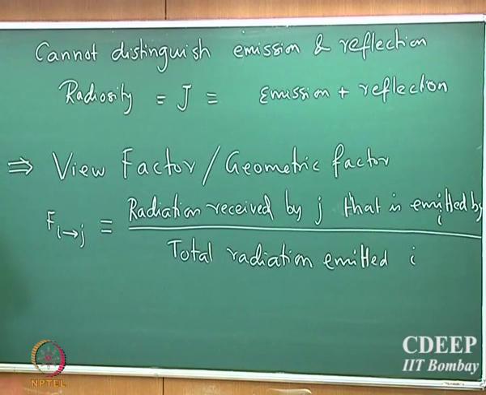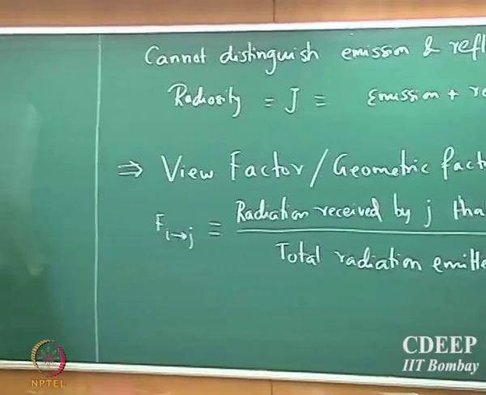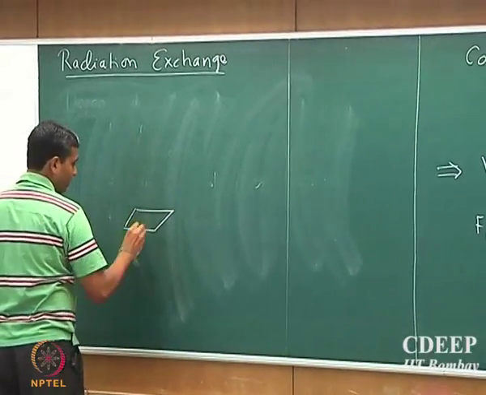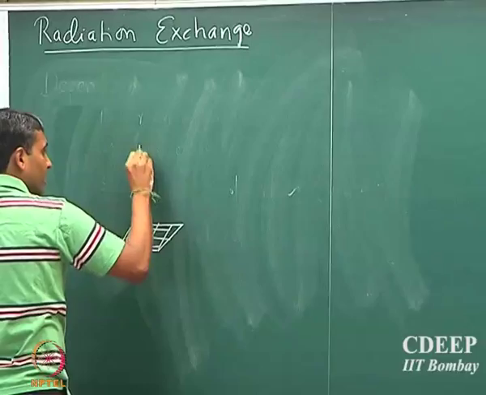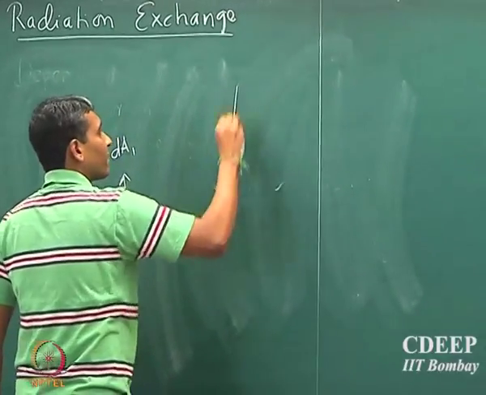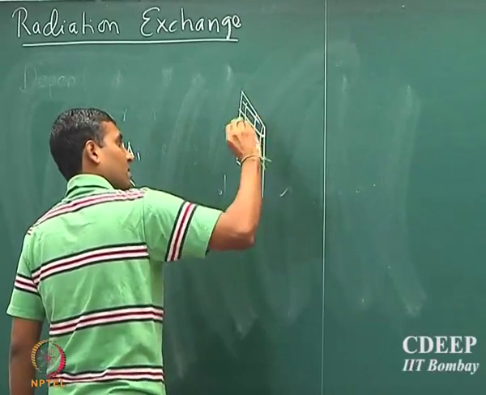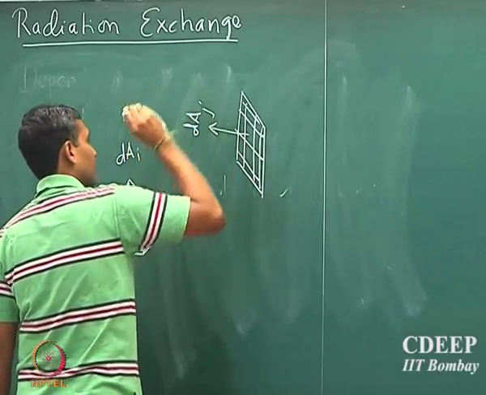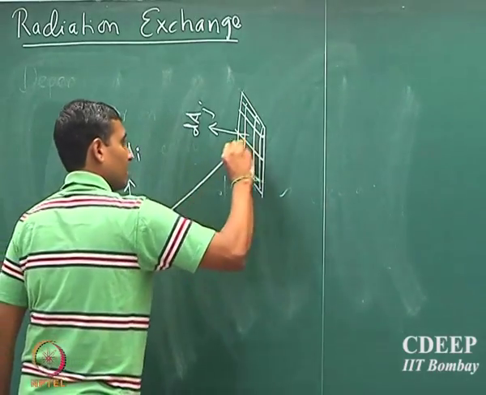Supposing I have a point surface, and the area of this surface is dAi, a differential surface, and let us say I have another surface here with differential area dAj.